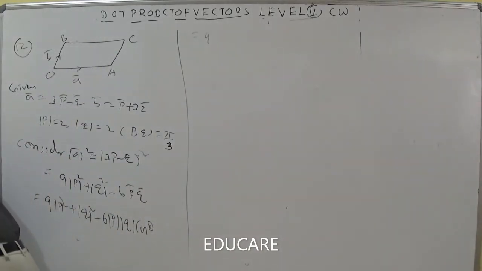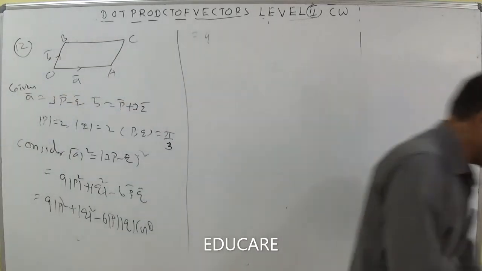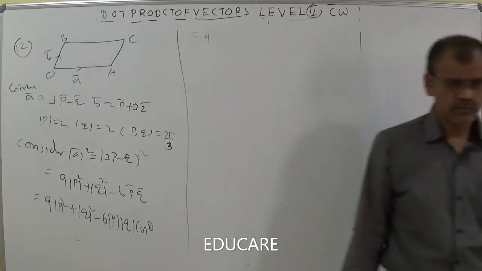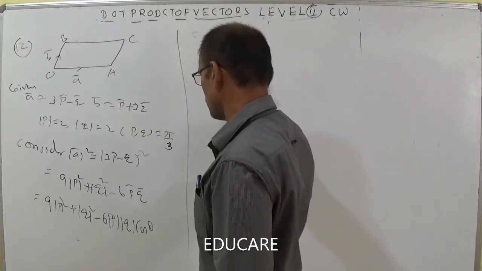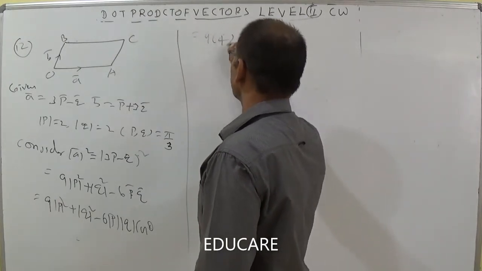If the magnitude is given, we should substitute the value of magnitude. P is 2, so 9 into 2 square, 4.